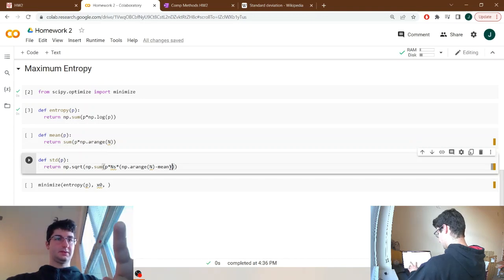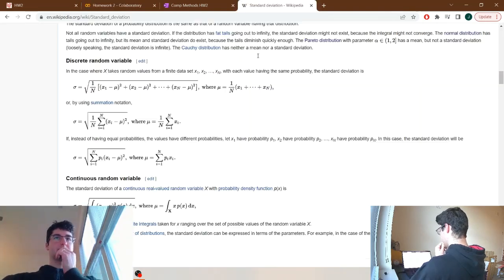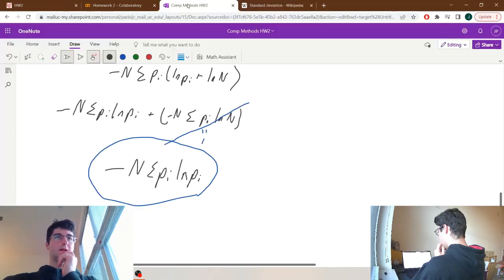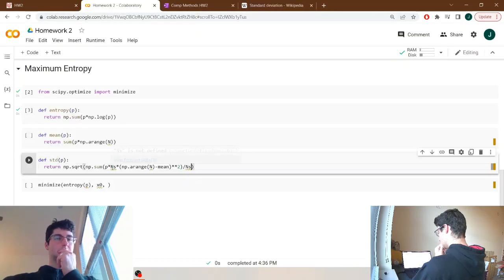Okay, so we have that, and then we're going to square this, divide by n sub s. Let's make sure we got everything. So we have probability times, that should be everything.